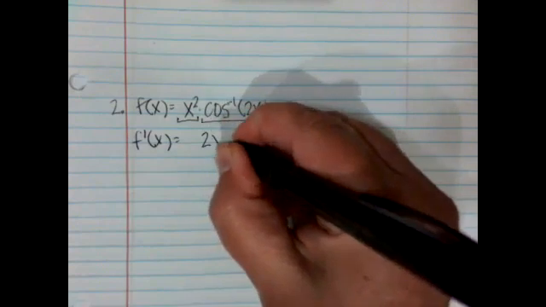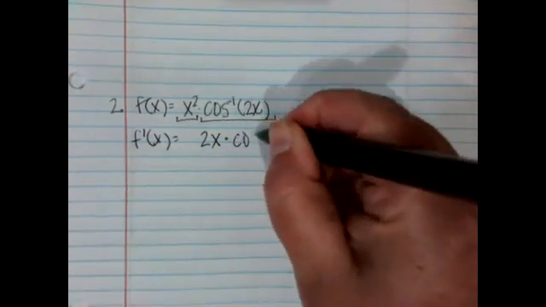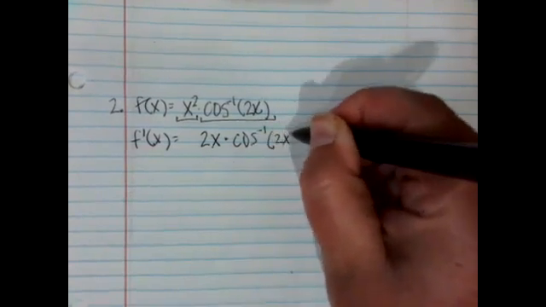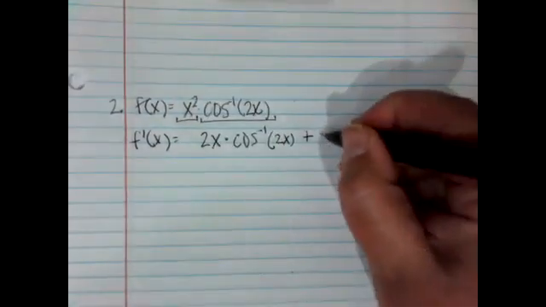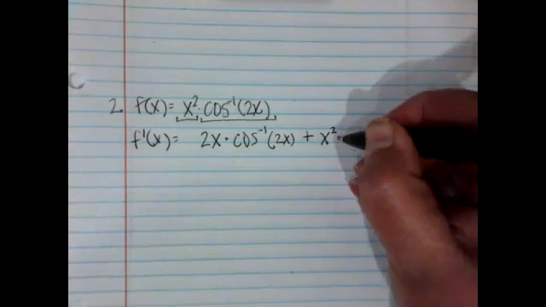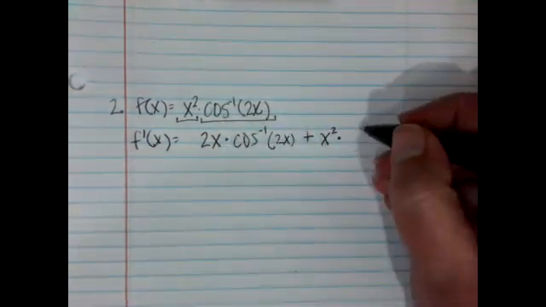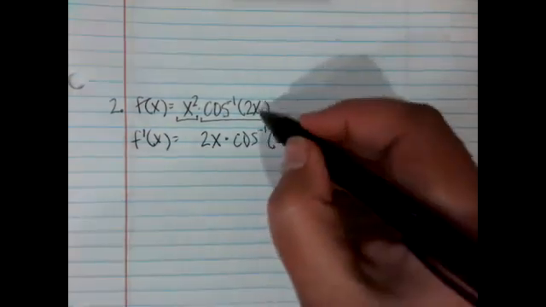To find the derivative, we would take the derivative of the first function, and that would be 2x times this function unchanged. So that would be arc cosine of 2x. And then we would add the first function unchanged, so that's x squared times the derivative of this, which is normally negative 1 over, but remember that chain rule applies.